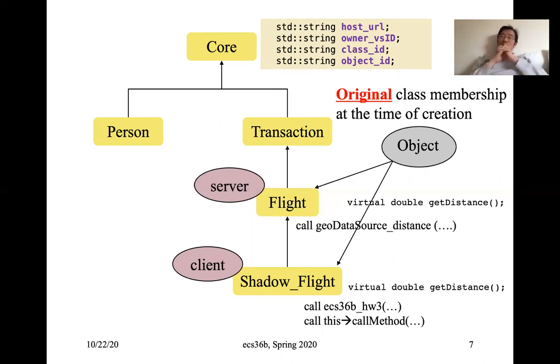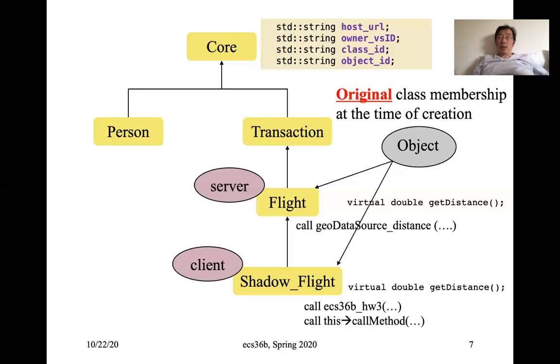So essentially, an important thing about this design is that if you write a program that interacts with a bunch of objects, you really don't need to know whether they're real objects or shadow objects, because a shadow flight object can also be cast as a flight object pointer, right?